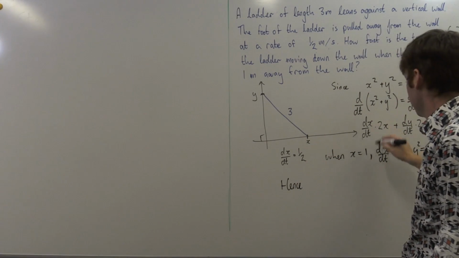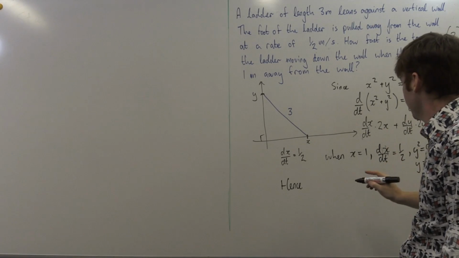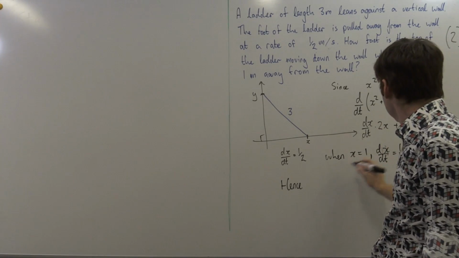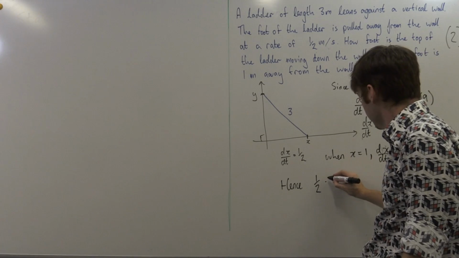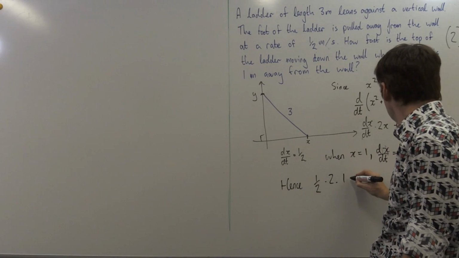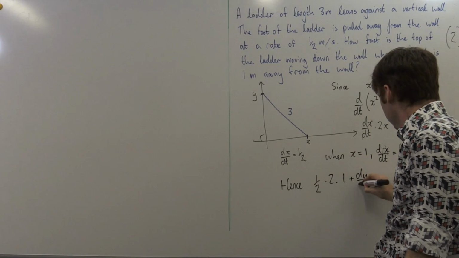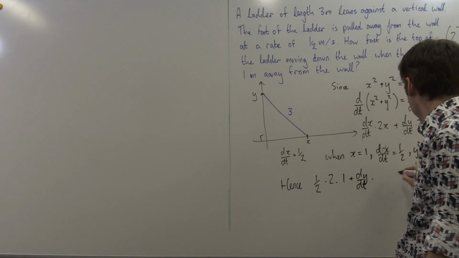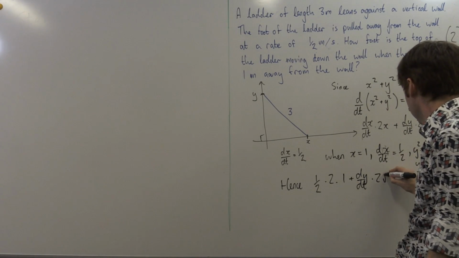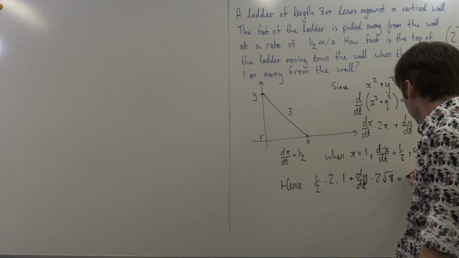Hence, I'll just substitute all these things except dy/dt, but I'll find out what that is in a minute. This is 1/2 times 2 times x, which is 1, plus dy/dt times twice y, which is 2 root 8, is equal to 0.